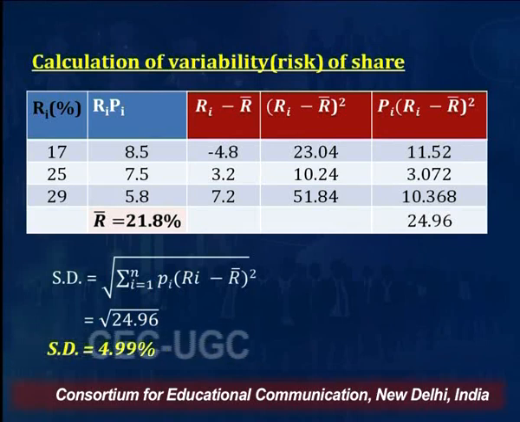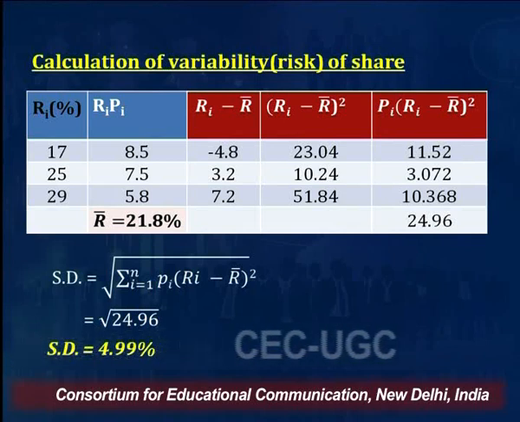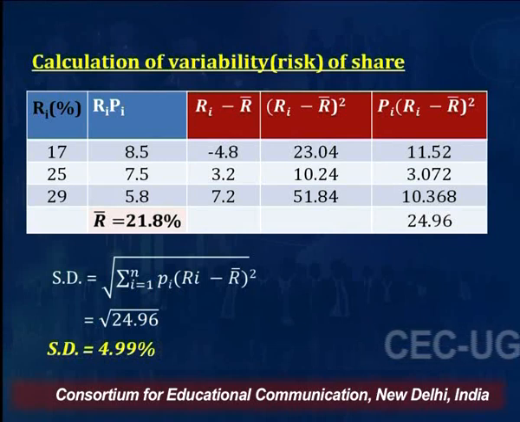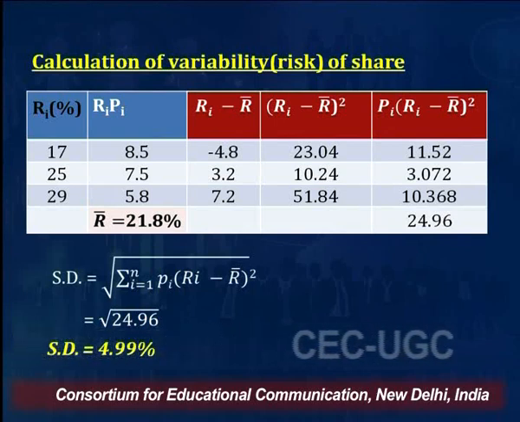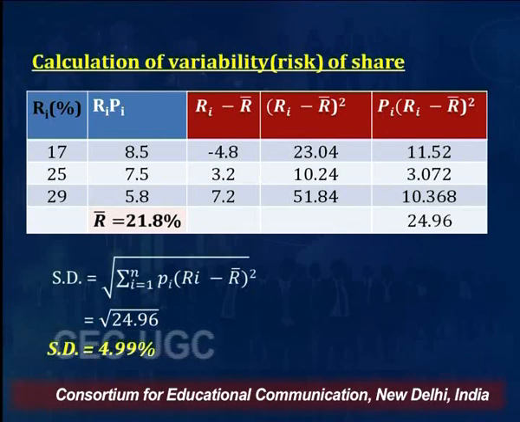Pi means probability multiplied by Ri minus R bar whole square, right. After finding this out, we will calculate the square root. So 24.96, square root of which comes to 4.99, right. So in this manner you can calculate the risk.